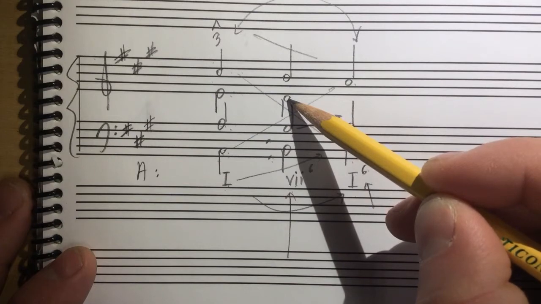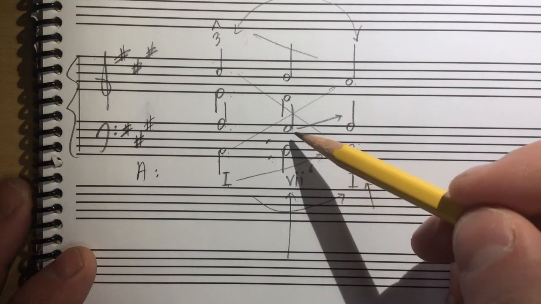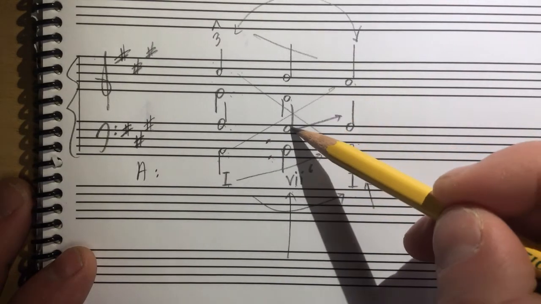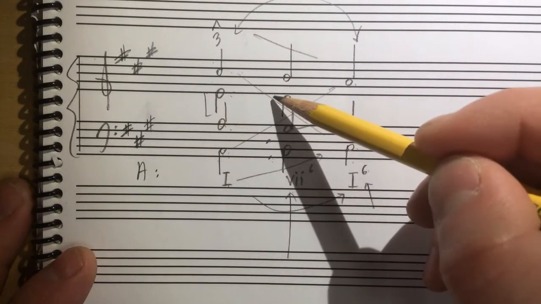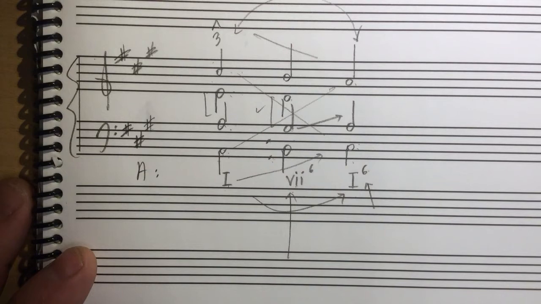No. What type of a fifth is that, students? G natural to D natural would be a perfect fifth. This tone is raised a half step, so it has to be a diminished fifth.